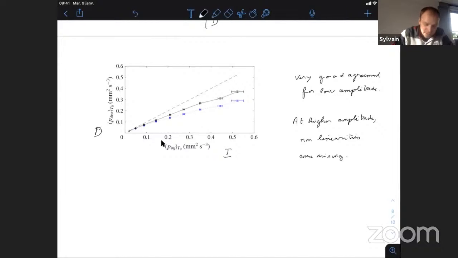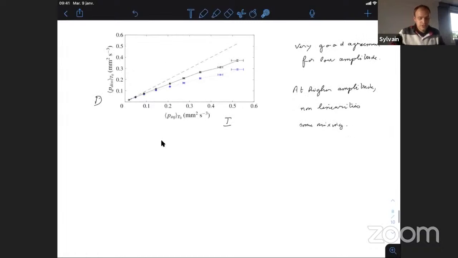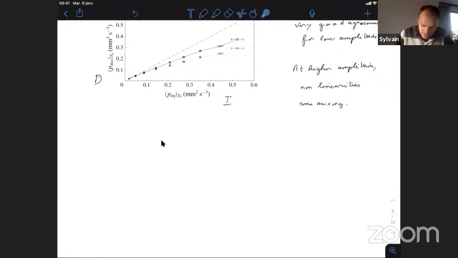I will not explain all the factors that can explain why we don't have exactly a good agreement, but I just wanted to point out that mixing is a part where we inject energy, and part of it has been used to create this change of the background density, that is mixing.